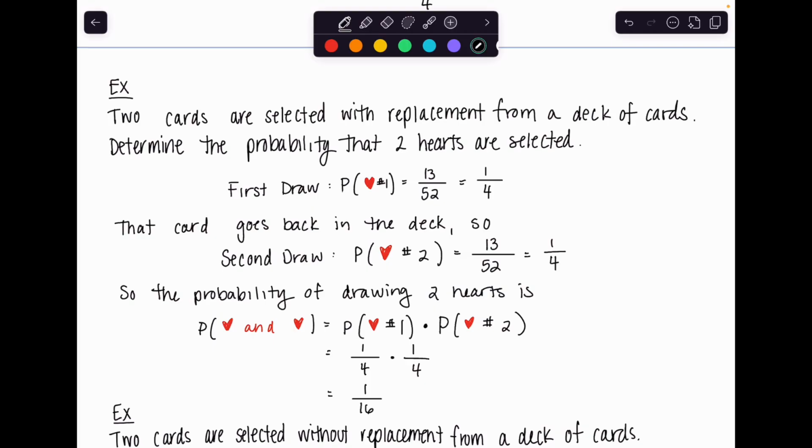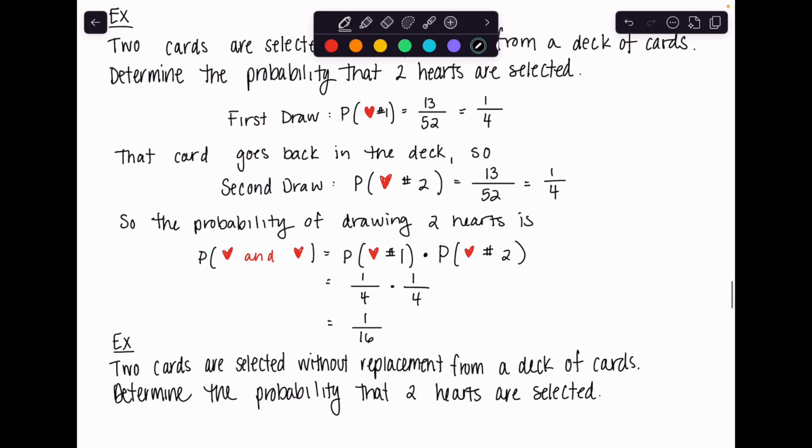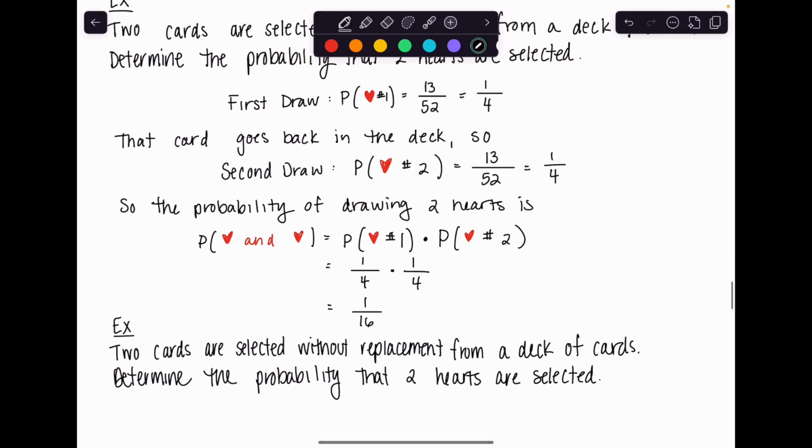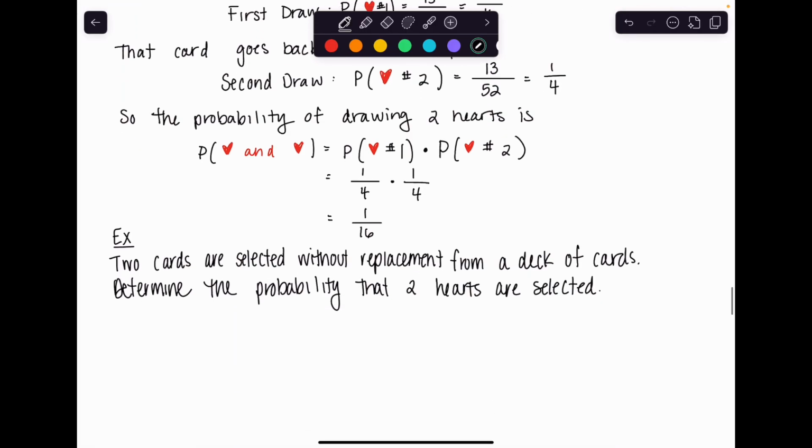Okay. But now if I do change this word slightly, if we select 2 cards without replacement from a deck of cards, we want to determine the probability that 2 hearts are still selected. So without replacement is going to mean that once I pick that first card, I look at it, it doesn't go back in, it sits on the side.